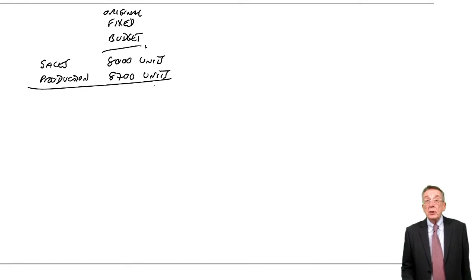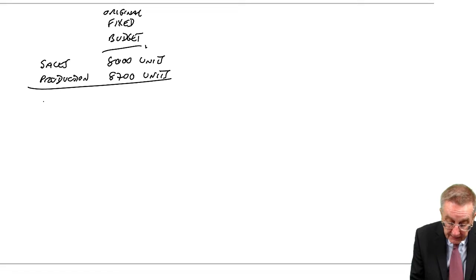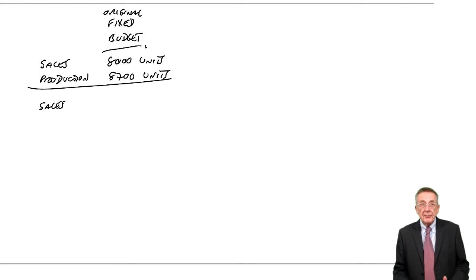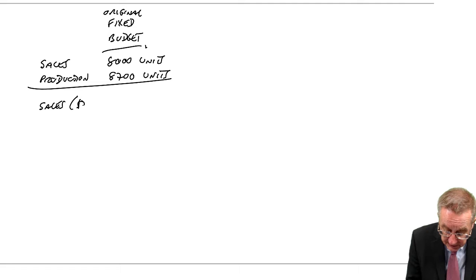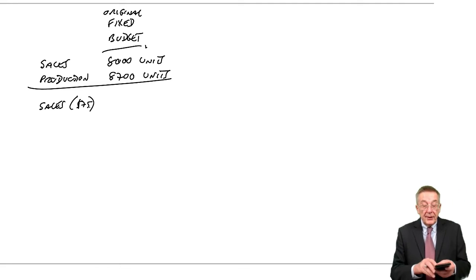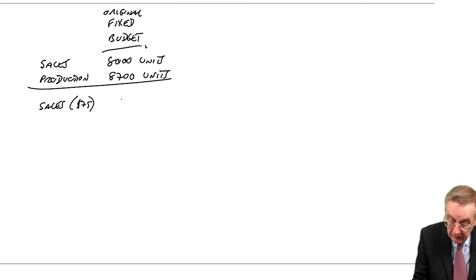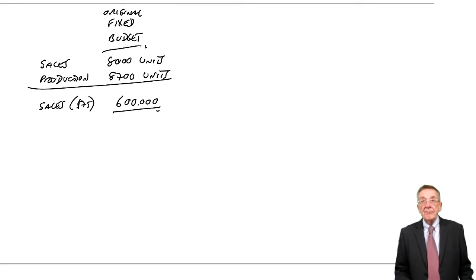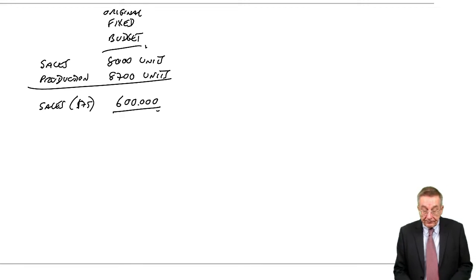And so let's write up a full profit statement. First of all, the sales revenue. Remember, this is the original fixed budget, so we were budgeting on selling at 75 a unit. 8,000 units at 75. We were expecting revenue of 600,000. To get the profit, we need the cost of sales.